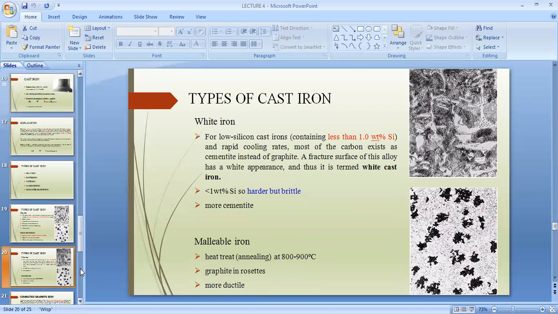Similarly, with the malleable cast iron, you can see the annealing heat treatment process, which we will see in the next slides also. There are different kinds of heat treatment processes: some with annealing, some case hardening, some quenching, some tempering, some spheroidizing. Each heat treatment has different effects on the metal, so it can be more malleable or it can be brittle.